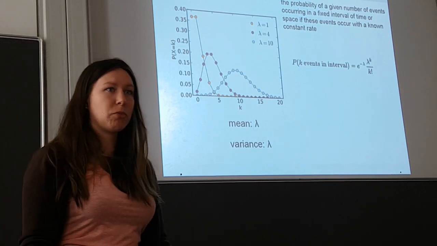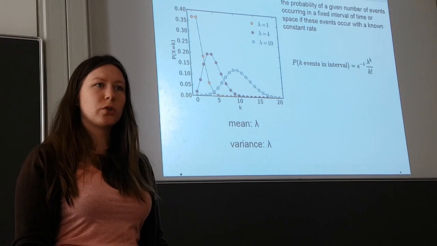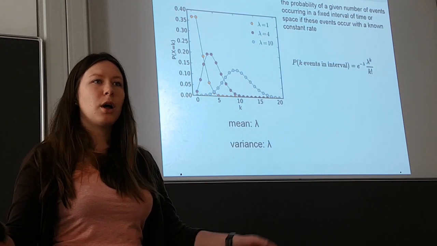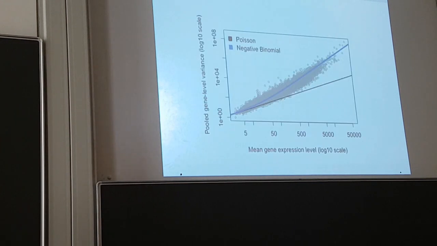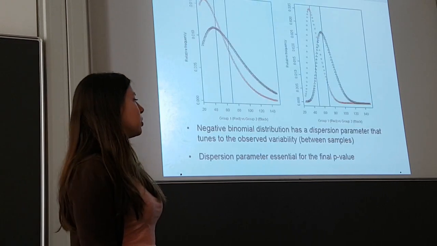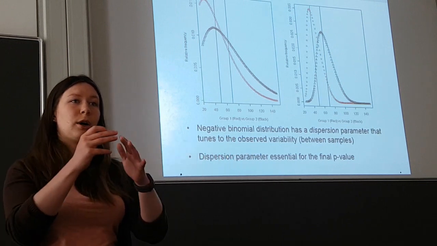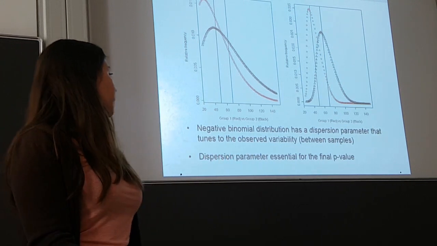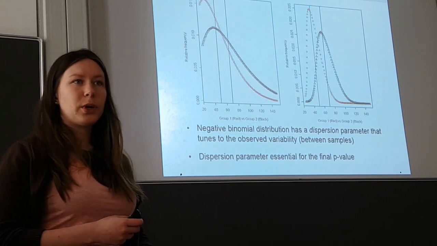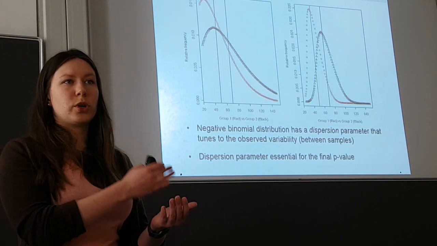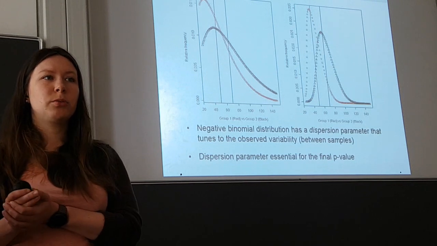And many people think it's a cool distribution because it simplifies many mathematical operations. In the negative binomial, you don't have them equal. You have variability in your lambda parameter. And because your p-value is based on a distribution, your p-value will change if you switch from the Poisson distribution to the negative binomial distribution.